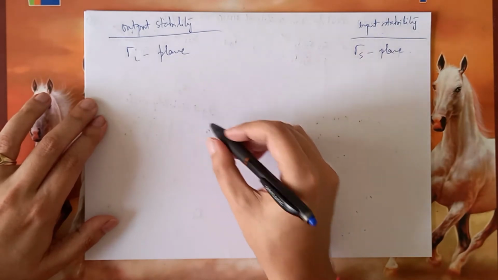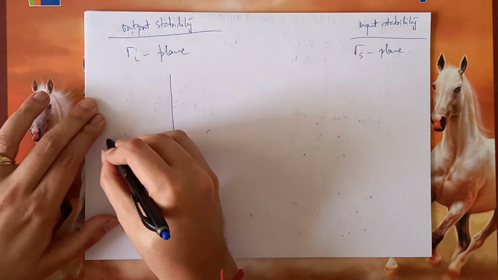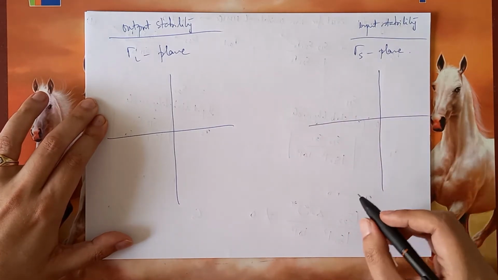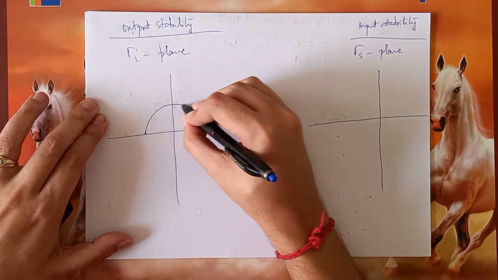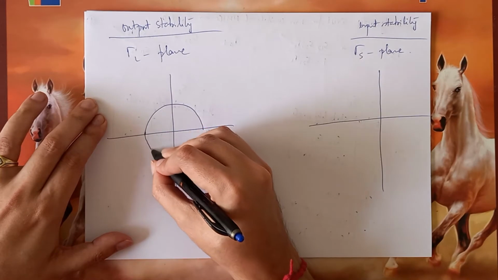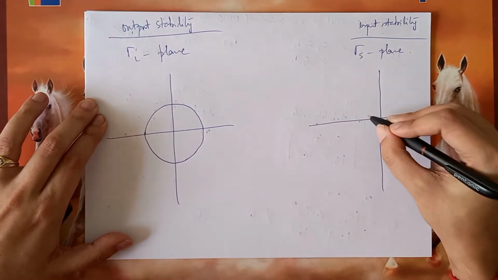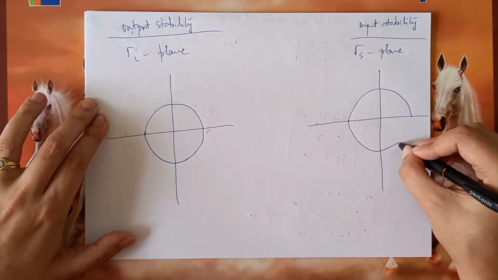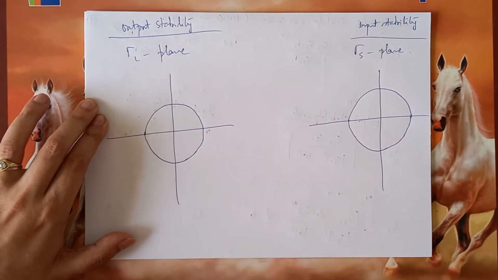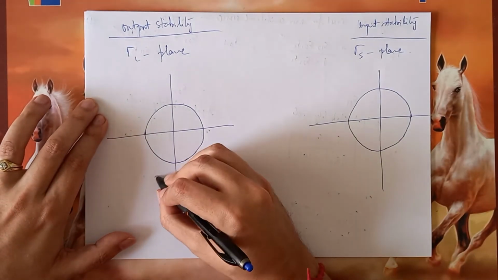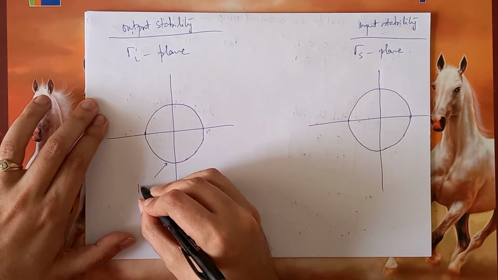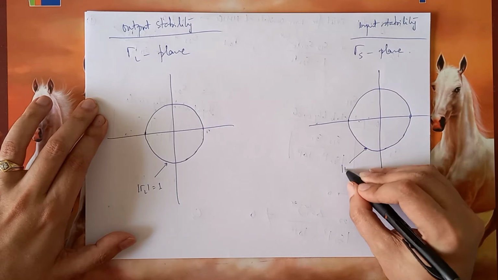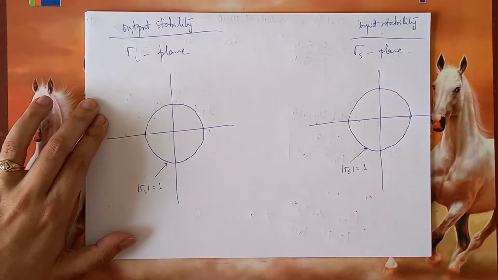Now suppose this is the Cartesian plane for gamma and this is my Smith chart, which is nothing but mod gamma L equal to 1. And this is the Smith chart where mod gamma S is equal to 1.